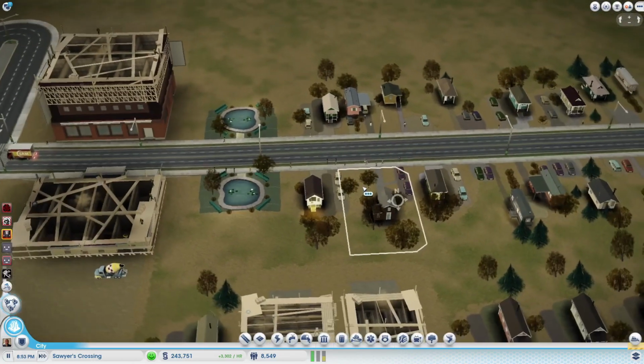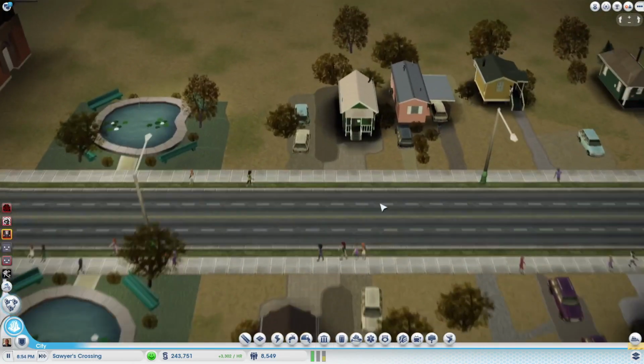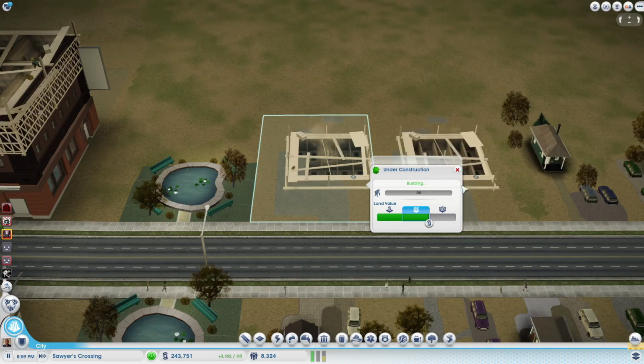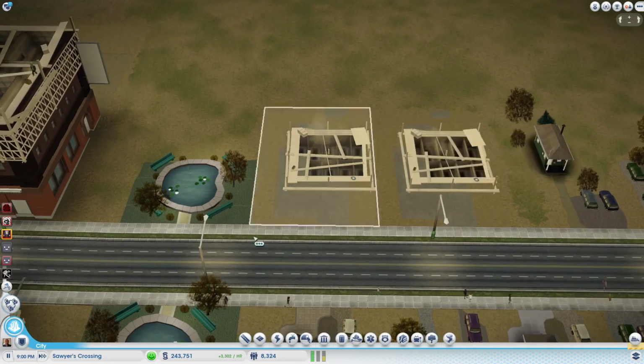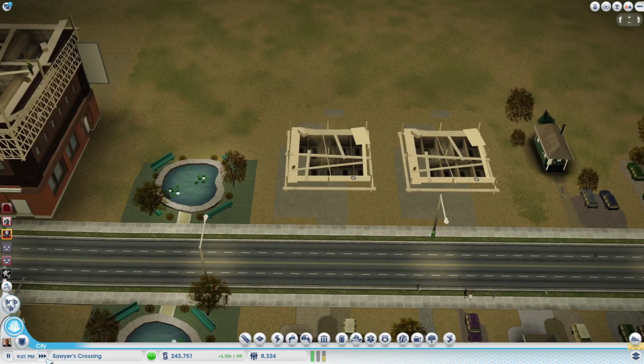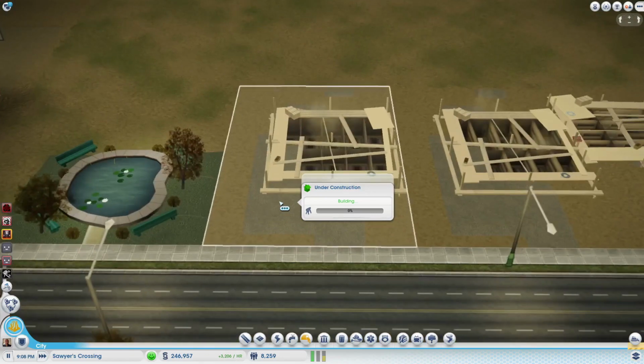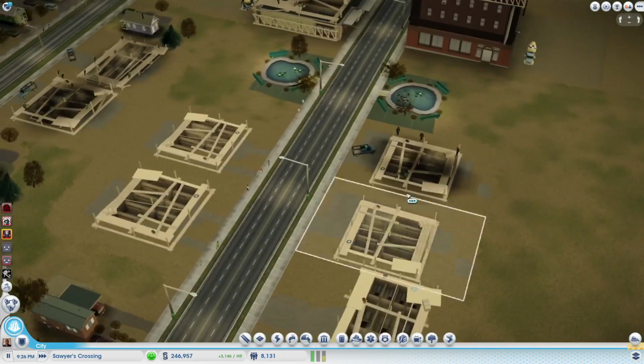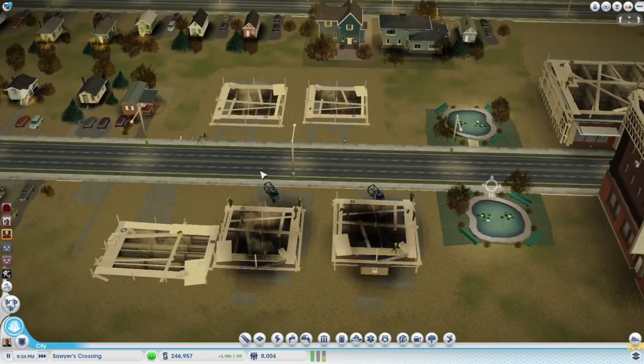So you can still have a single family home. It's just going to have a higher land value. So now these homes are changing their land value. So the look and feel of these homes is going to change.